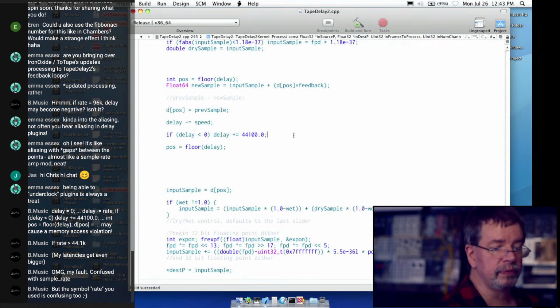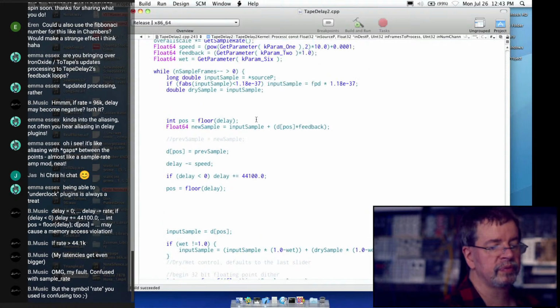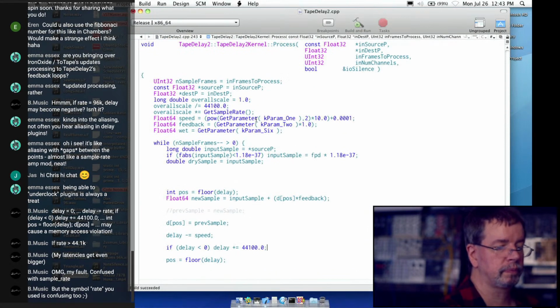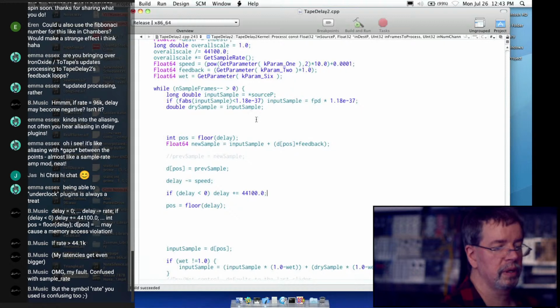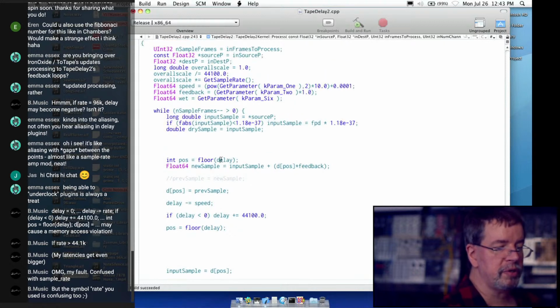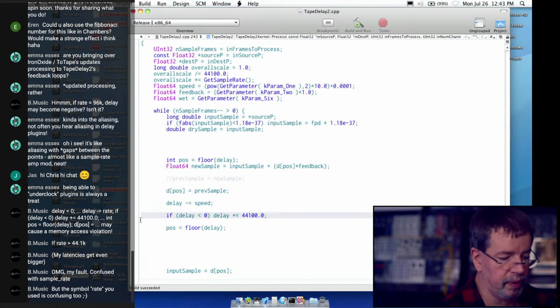However, we do have a... so this is going to be the integer version of what this was. So we can do this separately. Check this out.